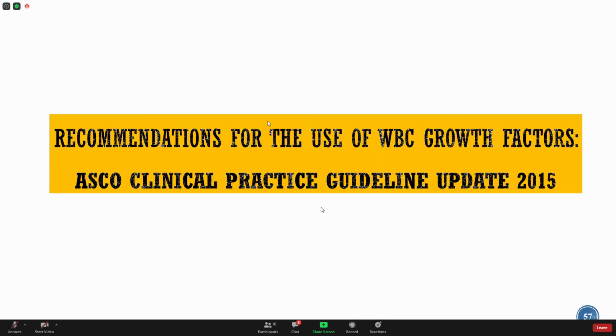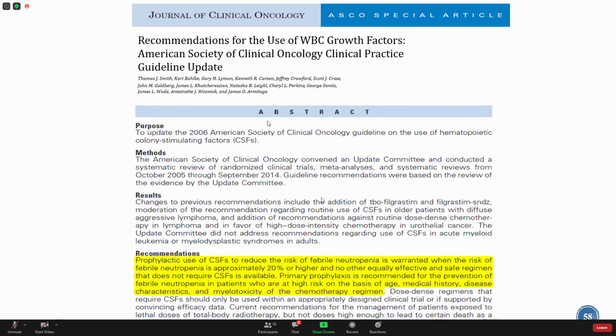Growth factor support is significantly important for patients who are receiving intensive chemotherapy. ASCO, the American Society of Clinical Oncology, recommends using growth factors like filgrastim in patients receiving regimens associated with a 20% or higher incidence of febrile neutropenia, for example, the hyper-CVAD induction regimen for ALL patients.